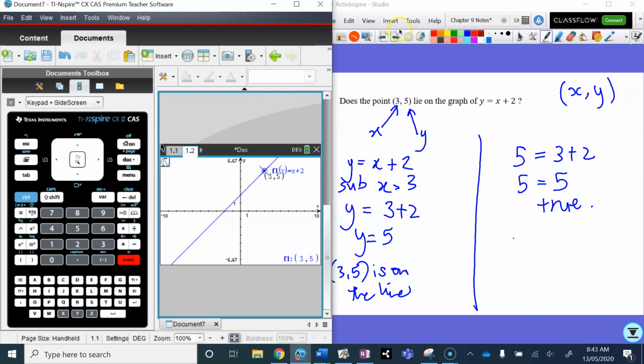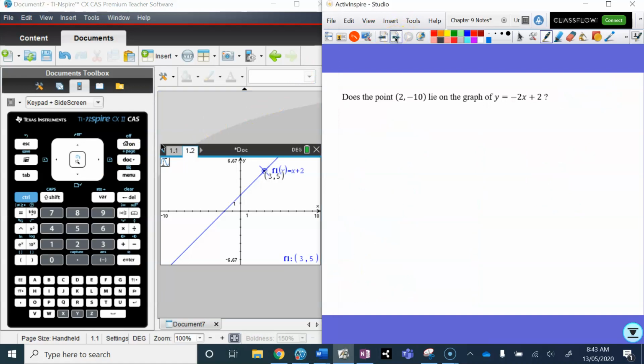So we'll do one more, and the next one is only slightly more difficult because there's a negative involved. Again, identify which is x and which is y. So our x coordinate is 2, our y coordinate is negative 10. And again, if I was going to do that algebraic substitution there, I could substitute my x value in.